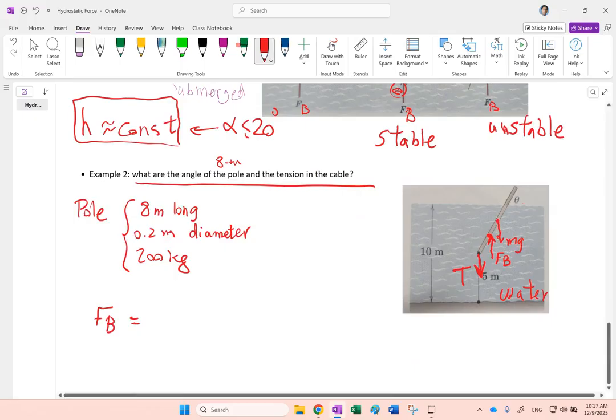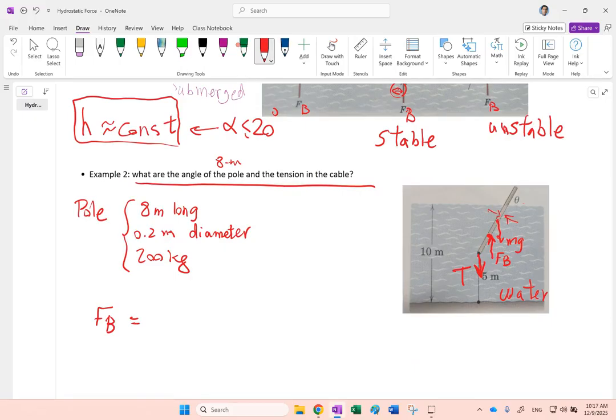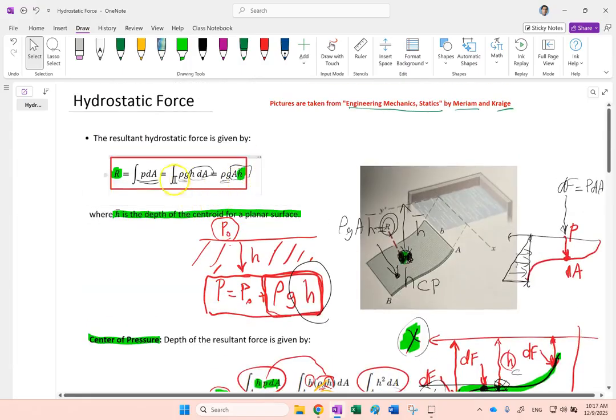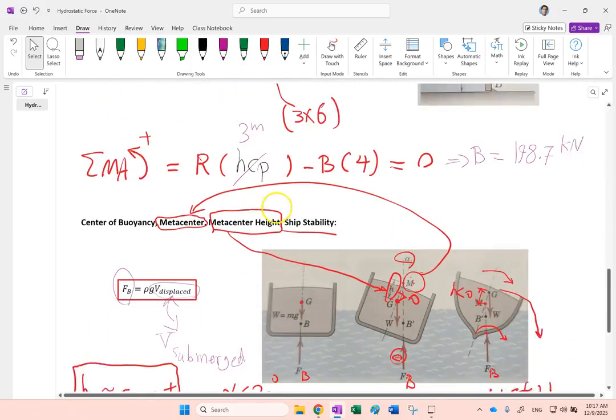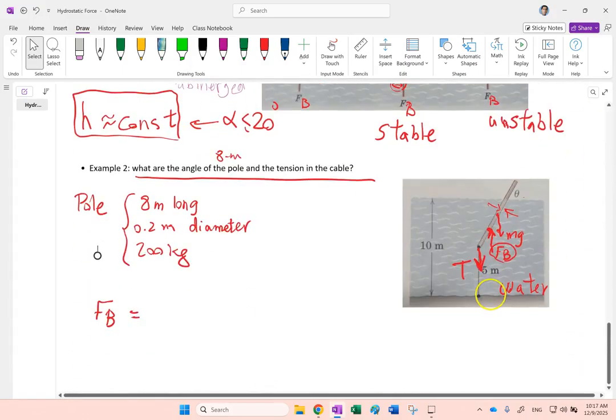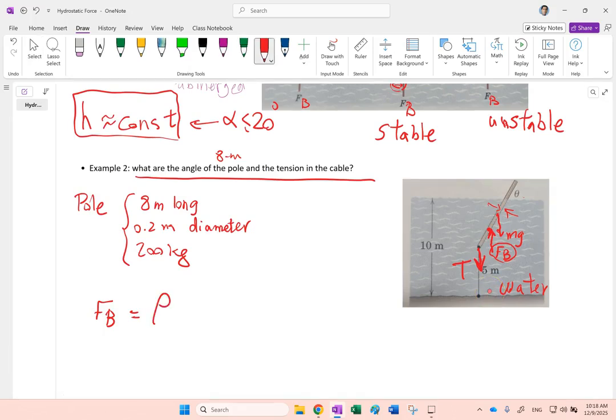Now here, because you have the surface of the object on both sides, the resultant of them is simply the buoyancy force, and we do not need to calculate the force on both sides and subtract. So what we need to calculate is rho, g, and volume displaced. Rho is 1000, g is 9.81, and the volume displaced we have to find in this case.